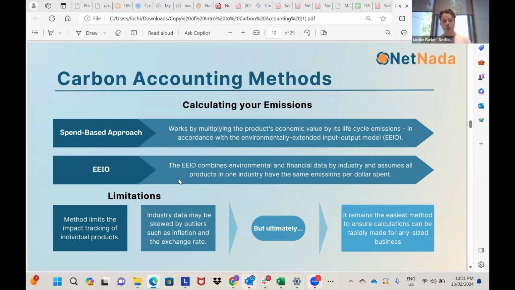Good examples of where dollars spent is not as useful as units of measurement include electricity bills. You may spend $1,000 on electricity. I might also spend $1,000 on electricity this month for our respective businesses.